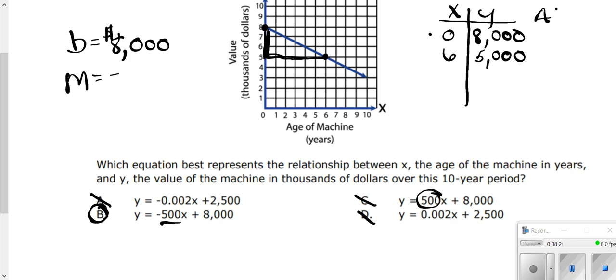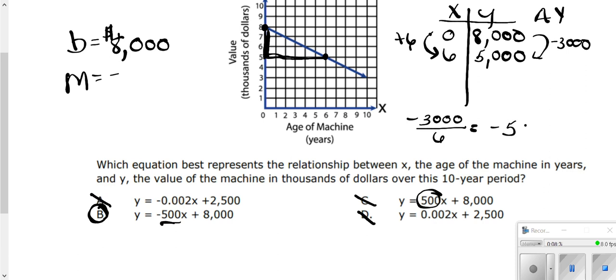So if I find my slope, my change in y is decreasing by 3,000, and my change in x is increasing by 6. So negative 3,000 over 6. If I divide this, that will give me negative 500, which gives me the answer B and confirms that we were correct.